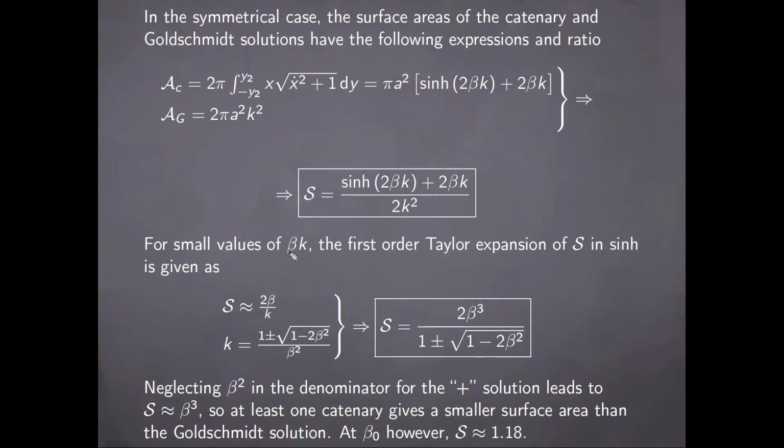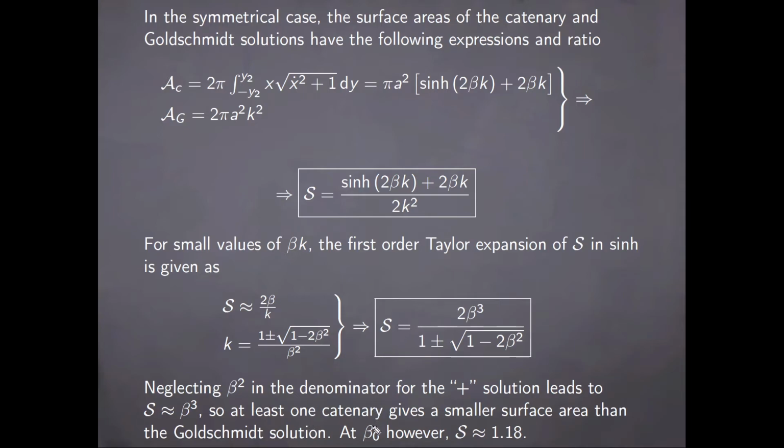Now, if I'm assuming that beta has small values, then it means that I can neglect beta squared in the denominator for the solution having the plus sign here. And this is going to lead to the ratio S being proportional to beta squared. And since this number is smaller than 1, we know that at least one catenary gives a smaller surface area than the Goldschmidt solution. So this is always going to be true in these conditions.